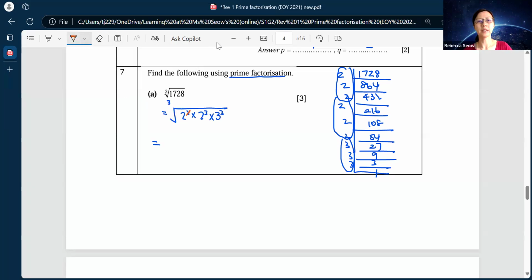Okay, this one is cancelled off. And therefore, our answer will be 2 times 2 times 3, which is 12. Now we can use the calculator to double check and see whether the cube root of 1728 is indeed 12.